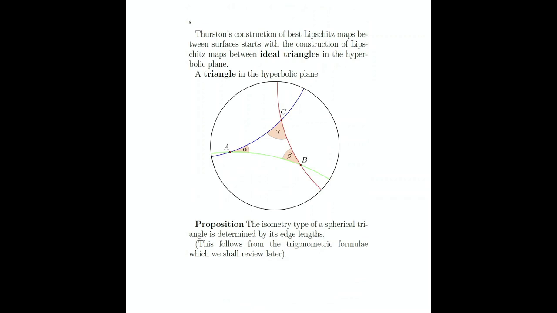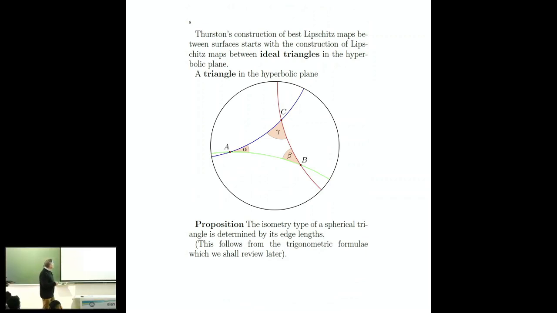Okay, so now we come back to the original question by Thurston. So I wrote here. Okay, so I want to talk about ideal triangles, and Thurston's construction of best Lipschitz maps.